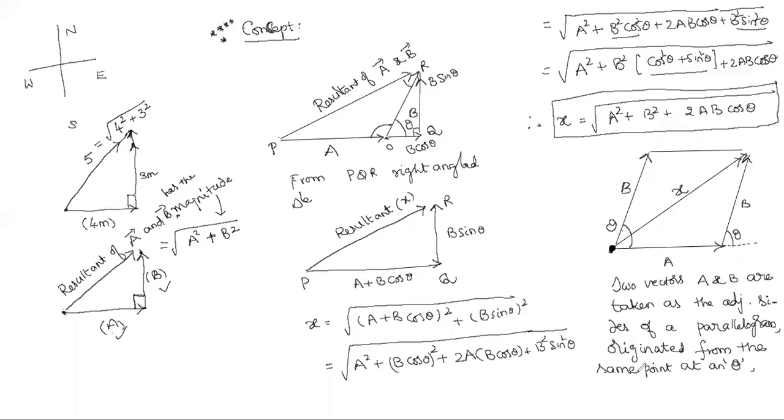So I can write here: from the same point at an angle theta, then the diagonal taken from the same point gives the resultant. Now you read and say whether you understood this or not.